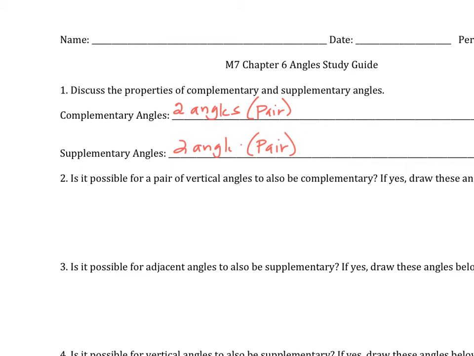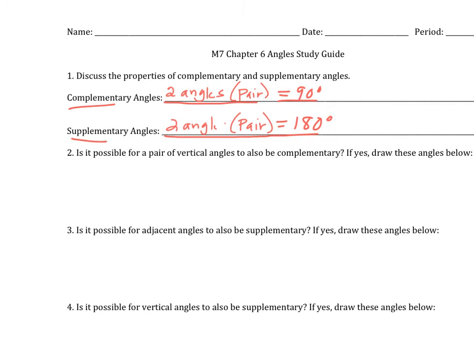Complementary angles add up to equal 90 degrees, and supplementary angles add up to equal 180 degrees. So there are two angles, or a pair of angles, that equal a sum of 90 degrees, or two angles that equal 180 degrees.